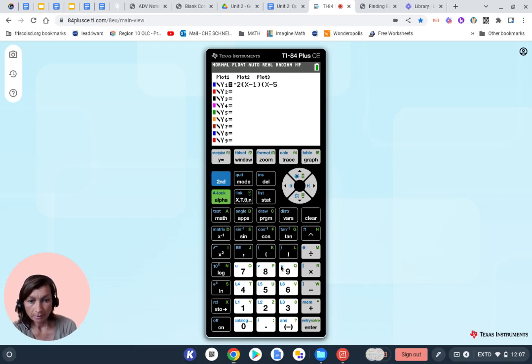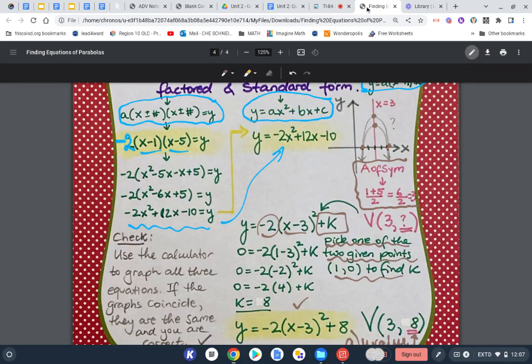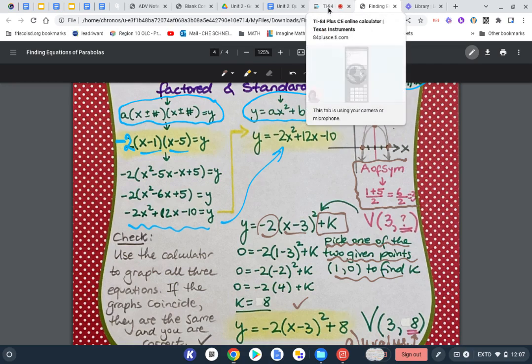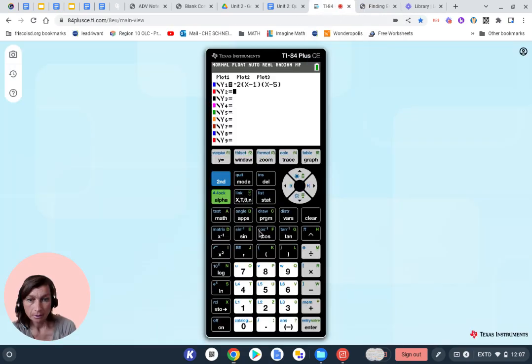You do that, you graph it, okay? Then I'm gonna do the next one, which is -2 in vertex form, x minus 3 squared plus 8. So -2, open parentheses, x minus 3, close parentheses, squared.